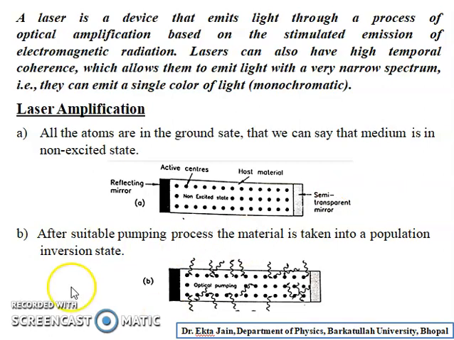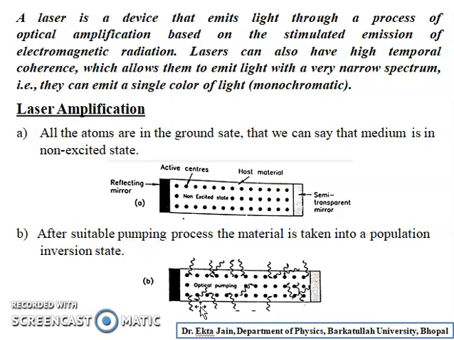So, what happens in figure B? After a suitable pumping process, the material is taken into a population inversion state. I must clarify the word pumping. Pumping is a process by which we can achieve population inversion. I must also clarify the word population inversion.